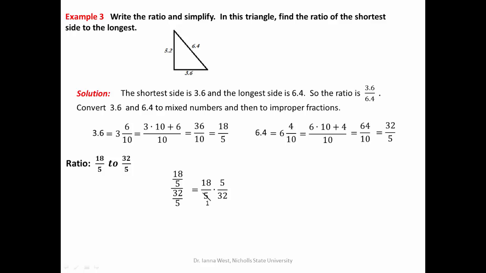That is, 5 goes into 5 one time and 5 goes into 5 one time. So we cross-canceled. Notice that 2 will divide evenly into both 18 and 32. And 2 goes into 18 9 times, and 2 will divide into 32 16 times. Now, multiplying the reduced numerators and denominators, we will get 9 over 16, which is our ratio in lowest terms.